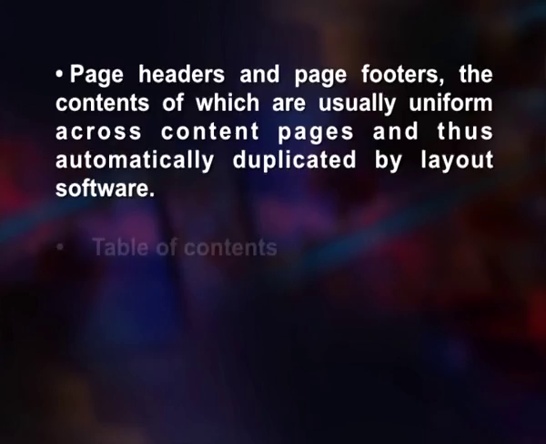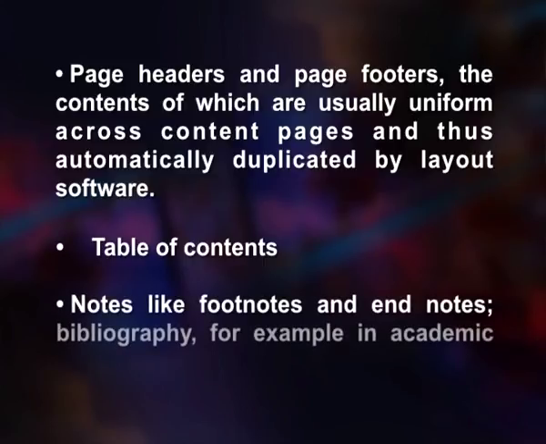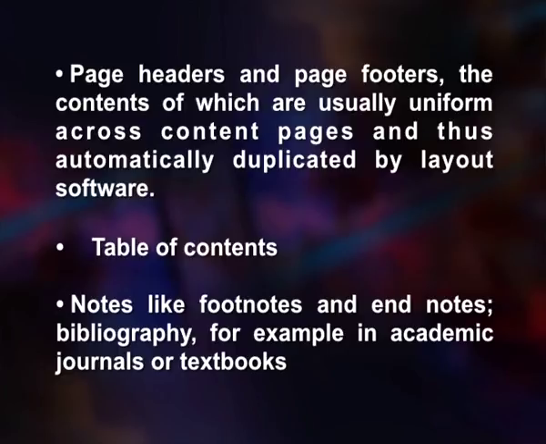The page number is usually included in the header or footer, and software automatically increments it for each page. Table of contents, notes like footnotes and endnotes, bibliography, for example in academic journals or textbooks.